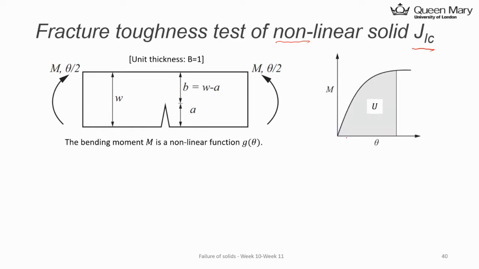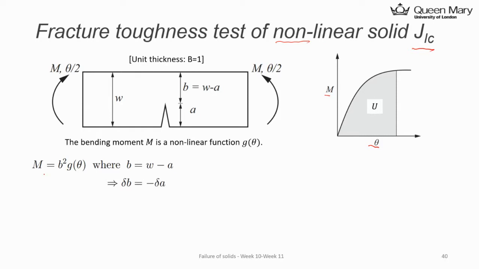For this kind of nonlinear solid, we will get this solution, which is more like a load displacement curve, but now it's a moment over the rotation angle curve, which will also give the strain energy.